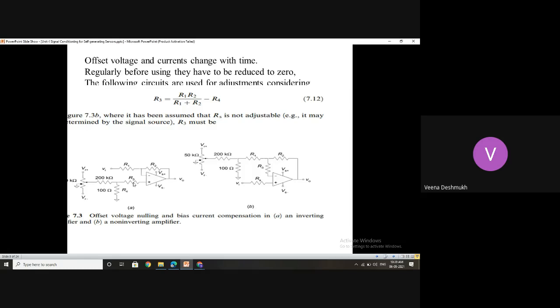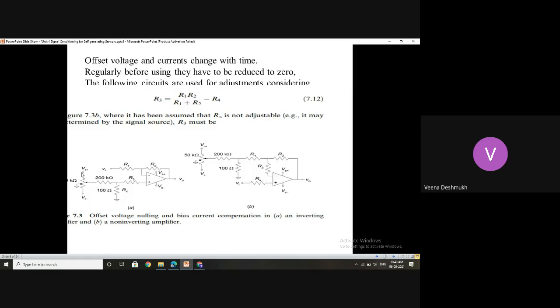The positive terminal, through this resistive network, is connected to a potentiometer. The fixed ends of the potentiometer are connected to the positive and negative supplies. Why positive and negative supplies? Because this offset can be positive or negative. If it is positive, then on the negative side the voltage is increased by adjusting the potentiometer, and that can be added and you can nullify the effect.